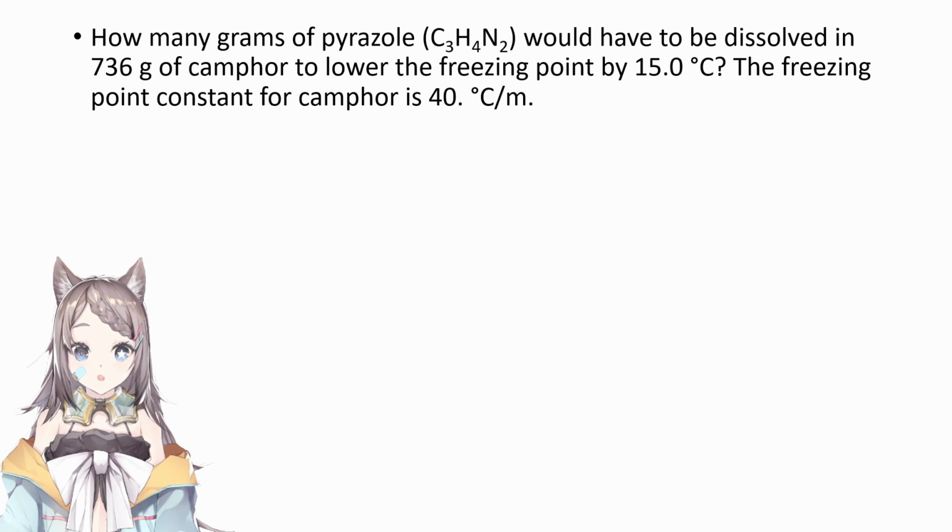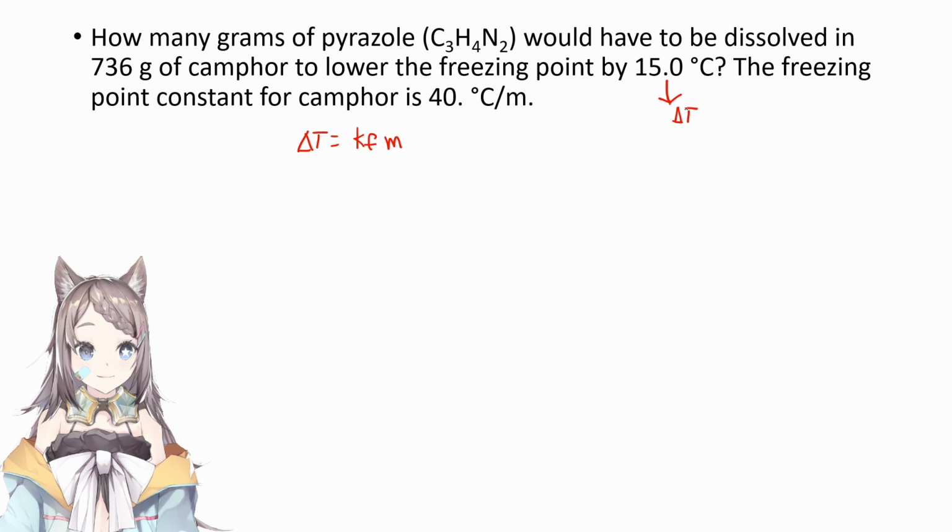Okay, so again, what is our formula for freezing point depression? Change in temperature is our Kf m. Our freezing point depression is this one, and we have our Kf here.